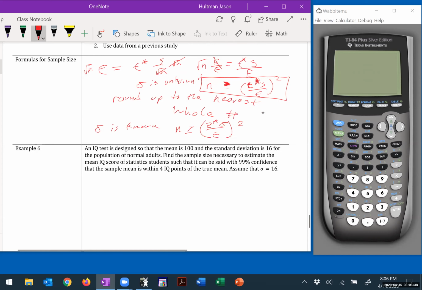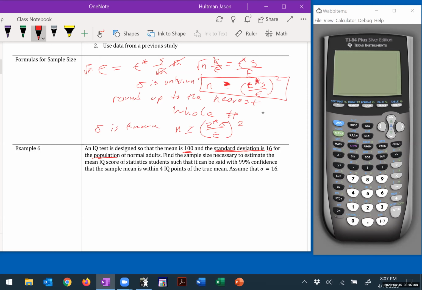Whatever. Okay. An IQ test is designed so that the mean is 100 and the standard deviation is 16. They give me the standard deviation of the IQ test as 16 for the population of normal adults.